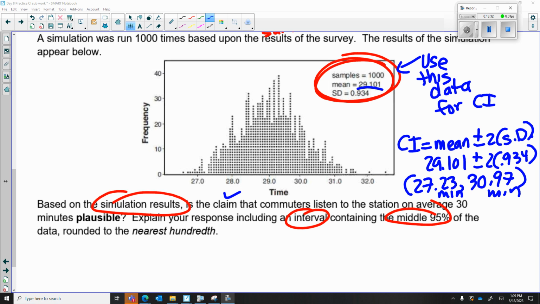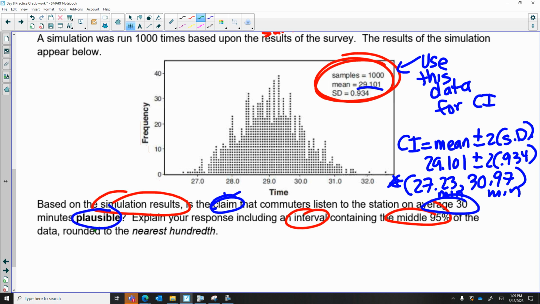So they're saying based on the result from our simulation, based on our interval here, is the claim that customers listen on average for 30 minutes plausible. So another name for plausible is likely or reasonable. So is it likely that the customers will listen for about 30 minutes?